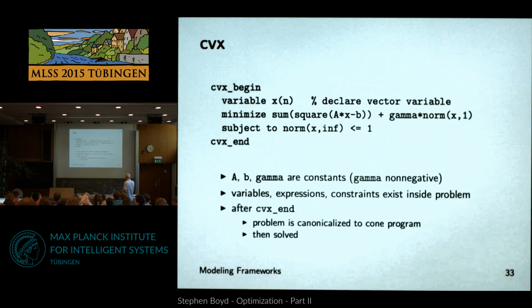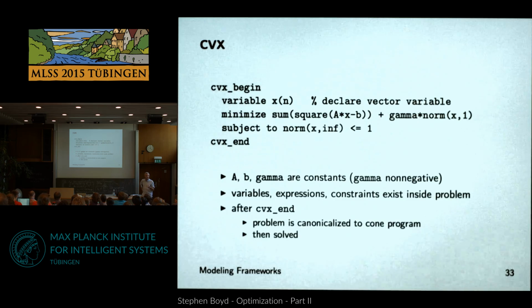And I'll just give you a glimpse of what these things look like. So CVX, I think you saw a part of it before, but it would look something like this. This is in MATLAB, so it's MATLAB-ish. And so it looks like this. You have two commands, CVX begin and CVX end. You declare variables, and so between here and here, x is actually an object.